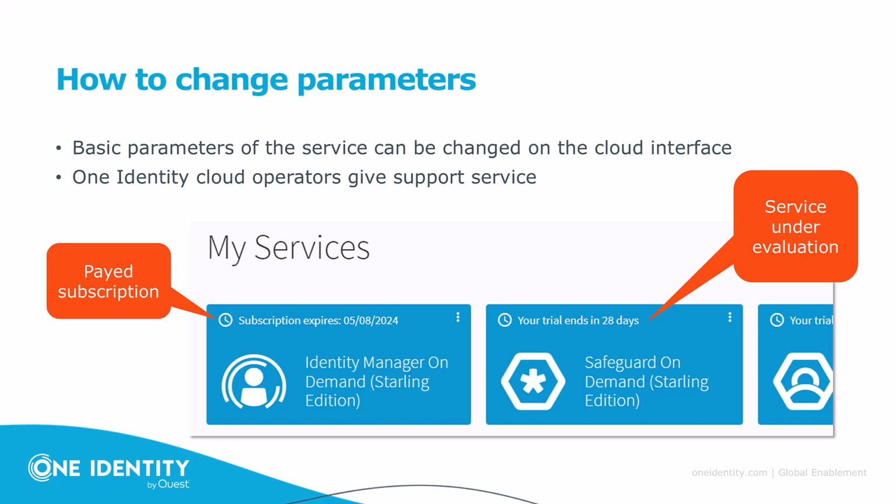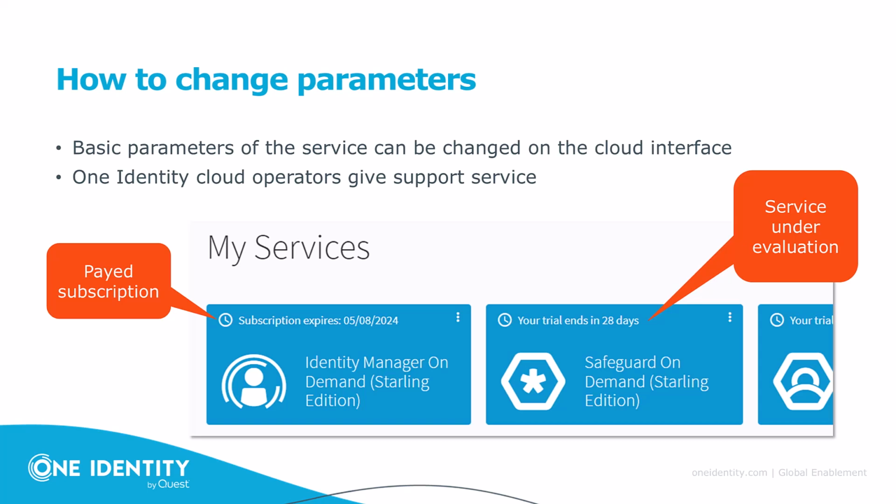For instance, if you want to change the VPN parameters, you need to ask for it, and administrators are going to change it because it is a deeper change. In our example, as you can see, the Identity Manager subscription is going to run out soon, and Safeguard on Demand is still under evaluation.